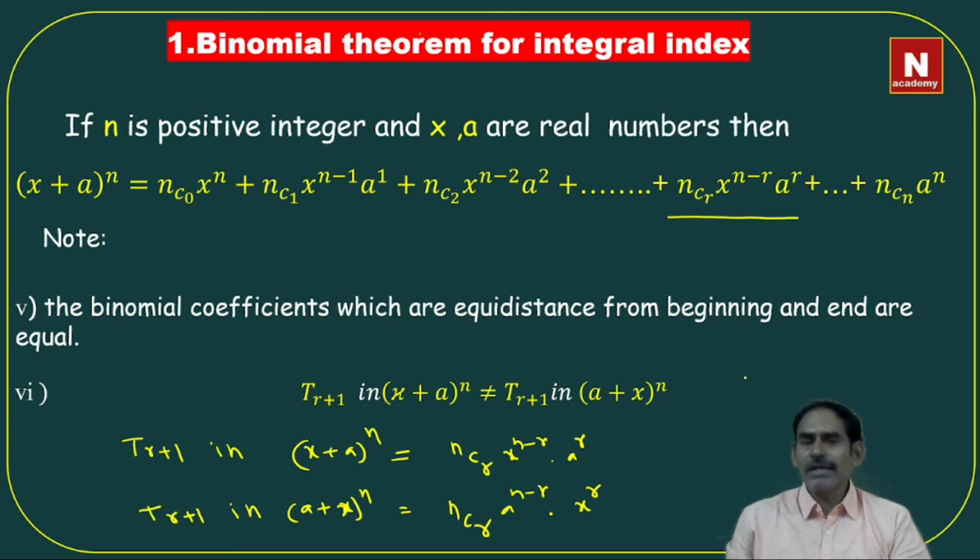That means T1 in (x plus a) whole power n is not equal to T1 in (a plus x) whole power n. Both are equal, but in their expansions the respective terms are not equal.